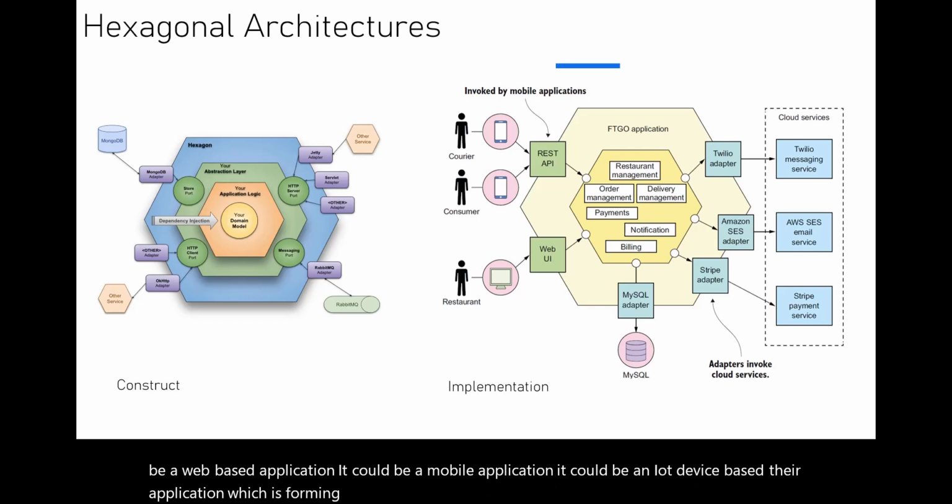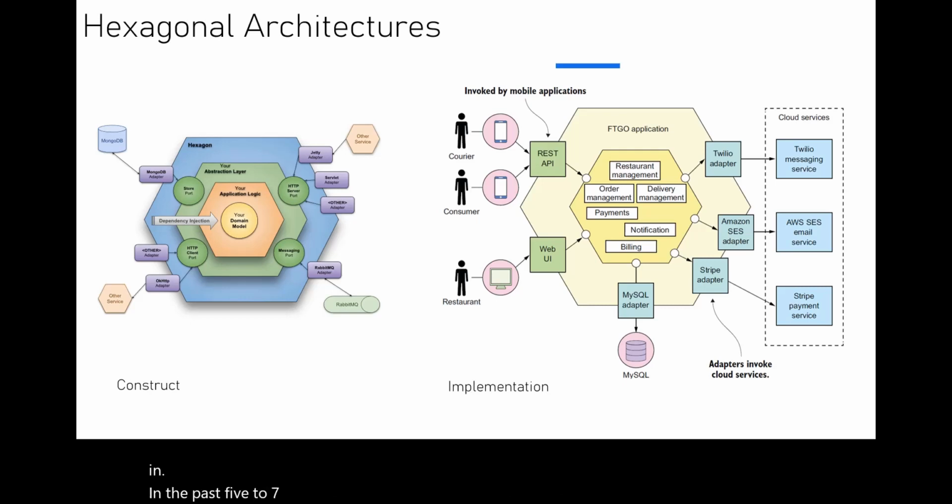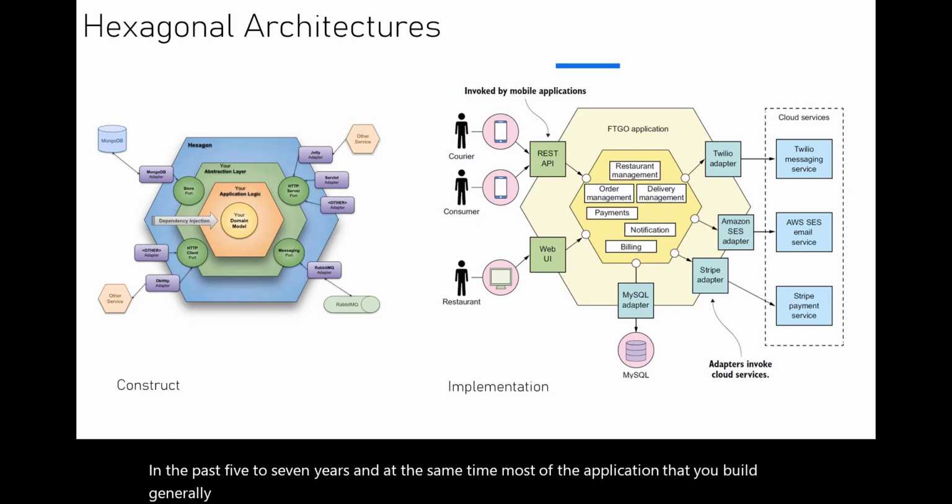So we're seeing a lot of form factors evolve in the past 5 to 7 years, and at the same time, most of the applications that you build are dependent on a lot of different external services. External services can be the database, email, or other APIs in general.